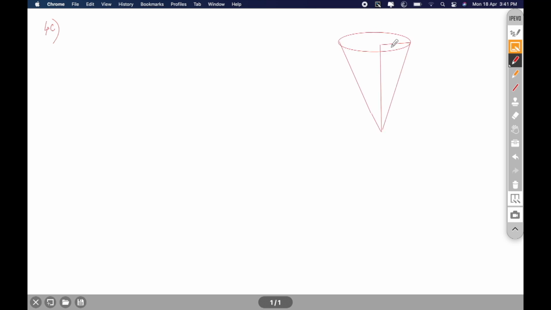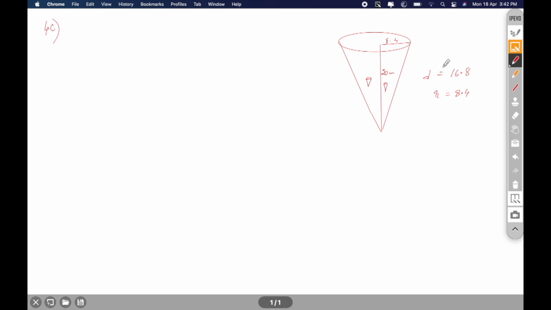So this is an inverted cone where the diameter is given as 16.8, so the radius will be 8.4 centimeter. Height is given as 20 centimeter. Now two solid cones are dropped here and they are fully submerged, right?